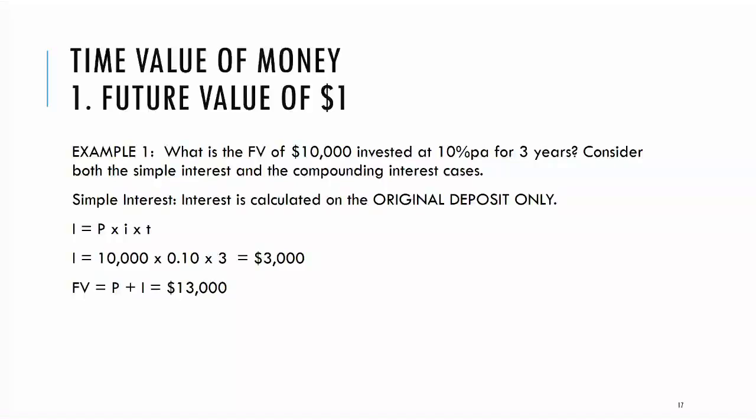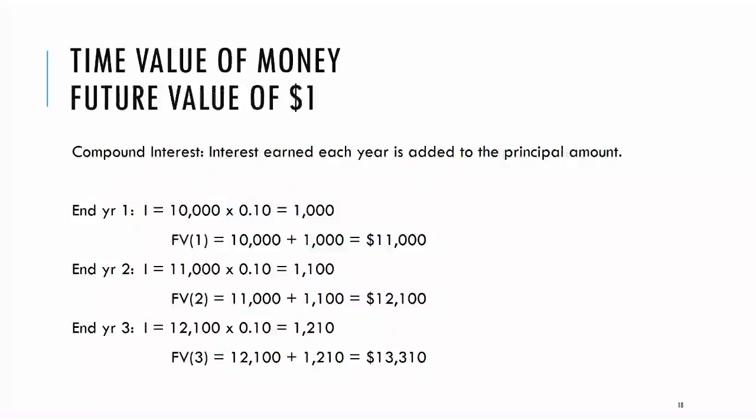So, how do you calculate the simple interest? $10,000 multiplied by the interest rate, multiplied by the number of years. Basics. Compound interest rate. We calculate interest on the principal plus interest on the interest.